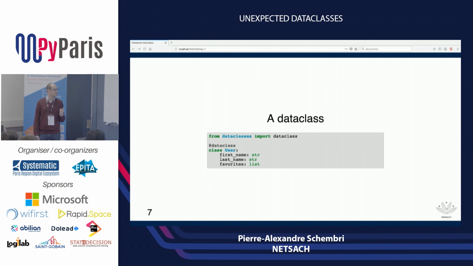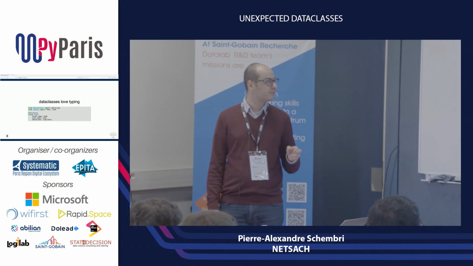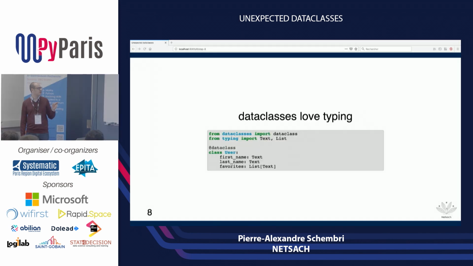But if we want to add more information, you can use the typing module. And there's a talk just after mine that will describe it, I think, more in depth. So for better information, using the typing module, we say, okay, the first name, it's a text. It's a string, but it's any kind of text. The same for the last name.